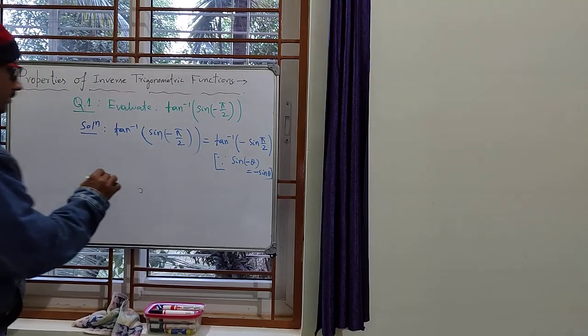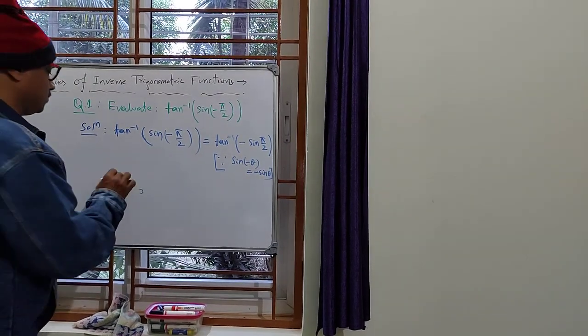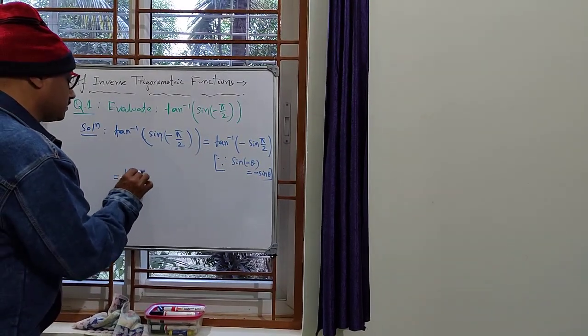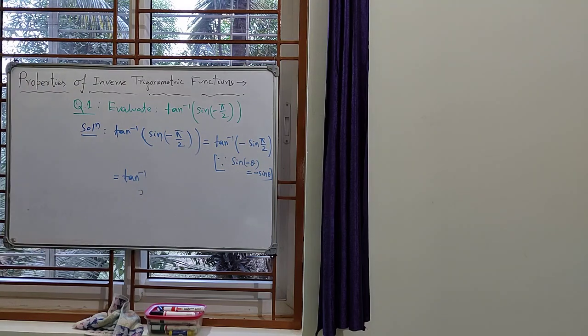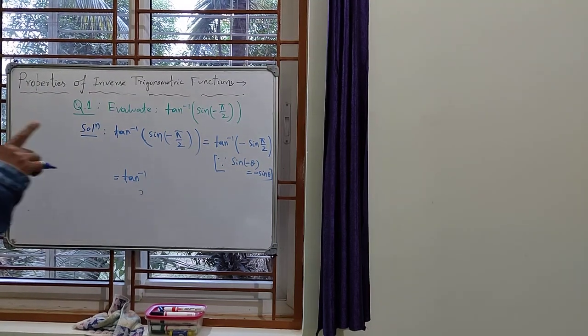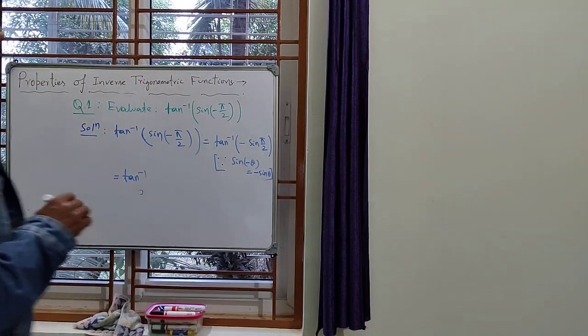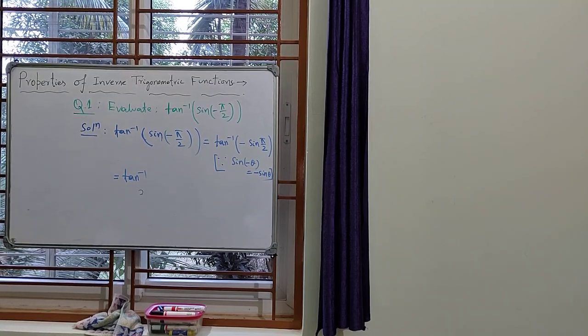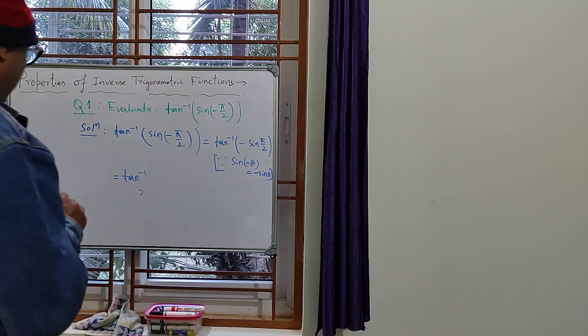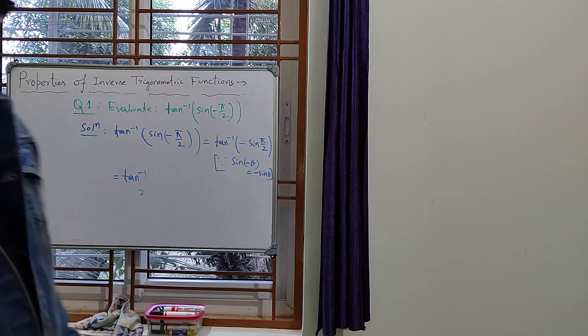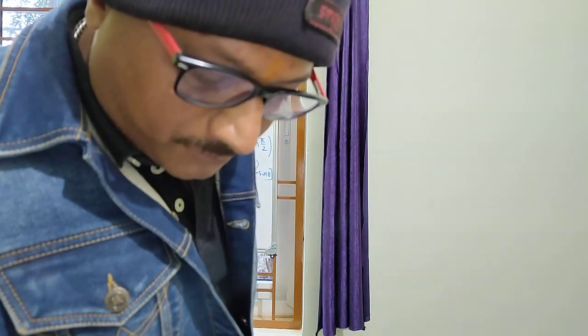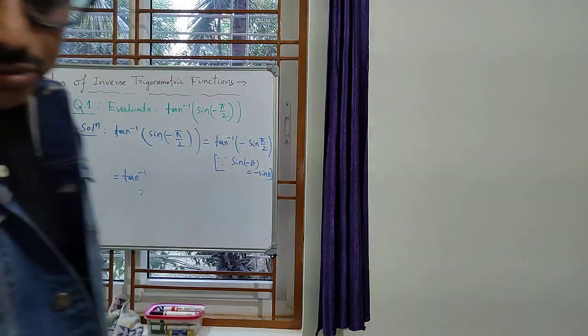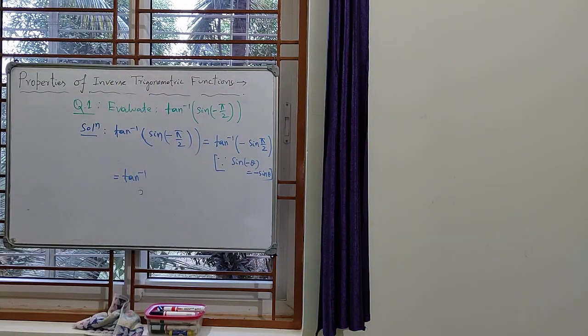After that, it is equal to tan inverse of minus sine pi by 2. We have already known from the property, please look at your property, tan inverse minus x equals to minus tan inverse x.